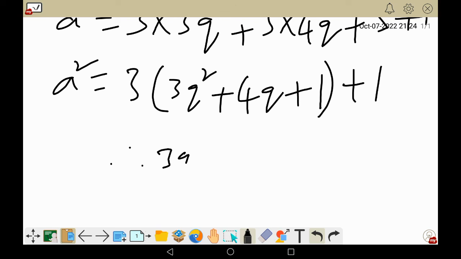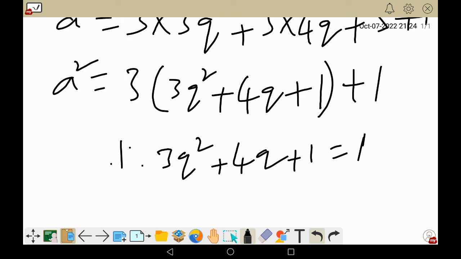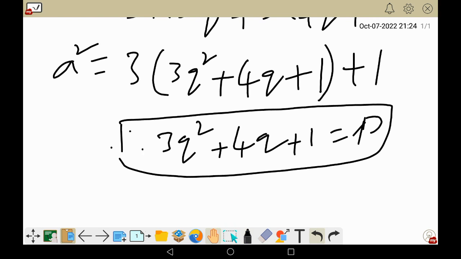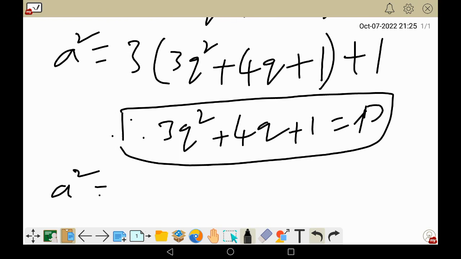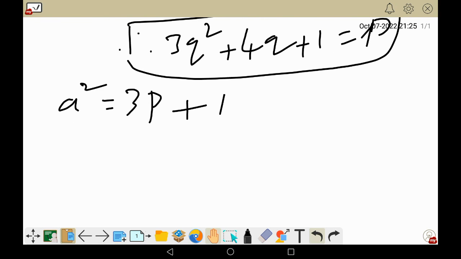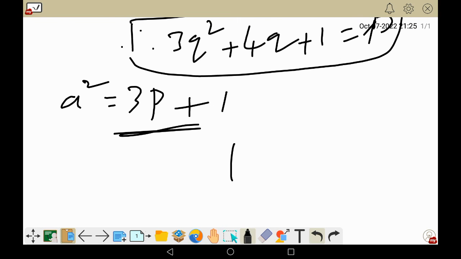Therefore 3Q square plus 4Q plus 1 is equal to P. So A square is equal to 3P, plus 1 as it is. Case 3 is also proved. Hence proved.